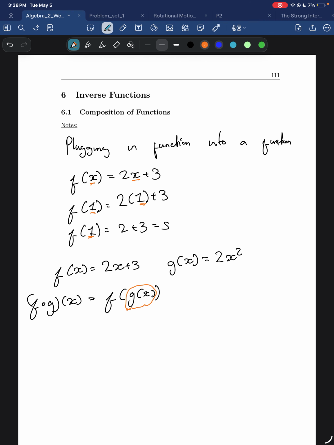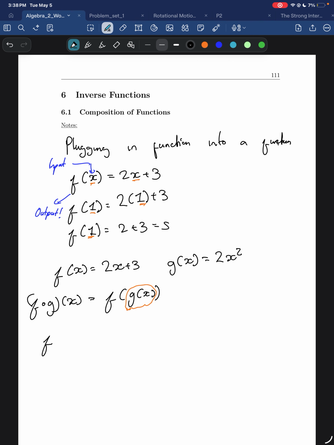Remember from the first term, we said the x is the input, and the f is the output. So the main goal here is to replace our input, instead of a number, with a function.